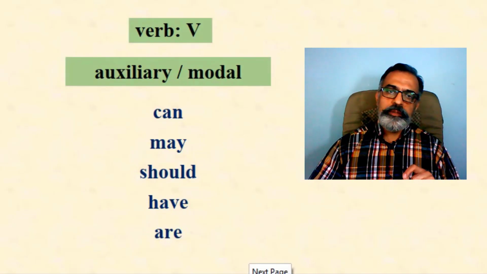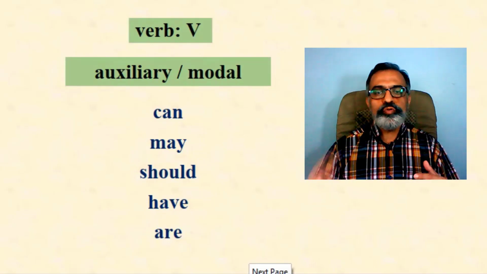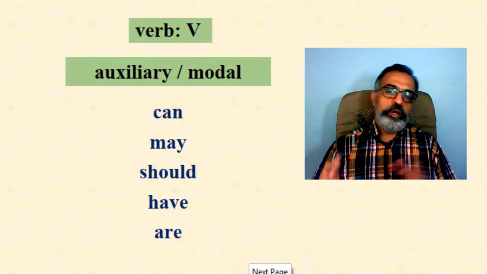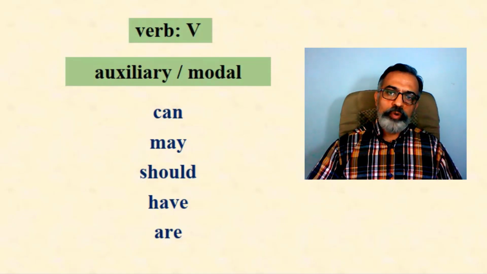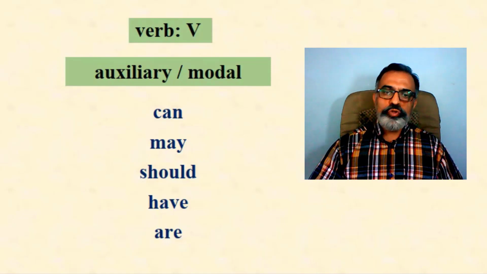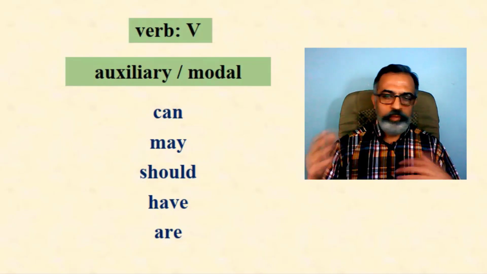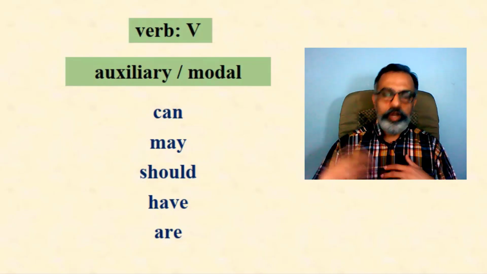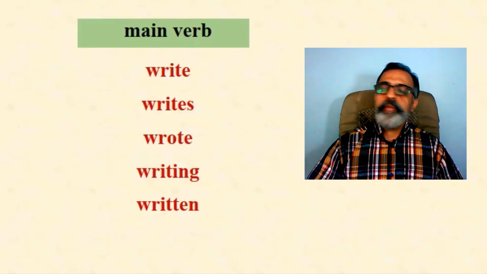Next part is the verb. Verbs can be divided into two parts: auxiliary and modals on one side, and main verbs on the other side. Auxiliary and modals like can, may, should, have, and are, and others. We have so many auxiliary and modals in English. And also the main verb.